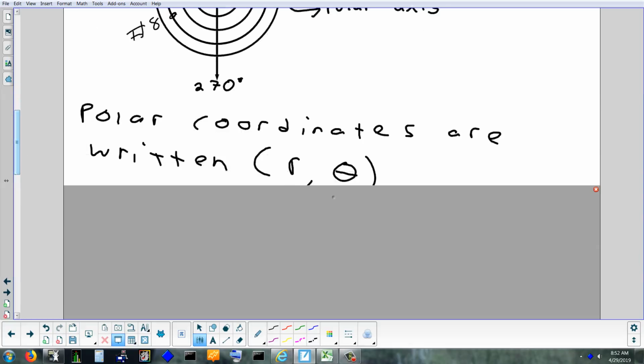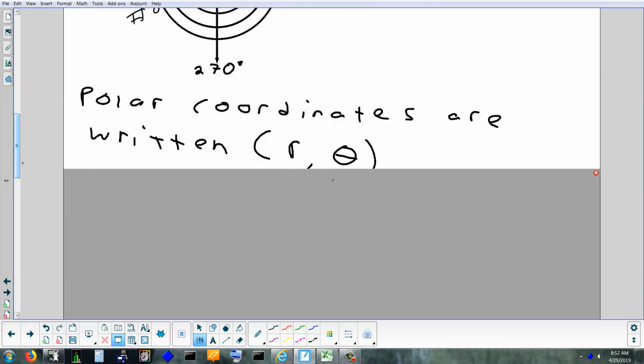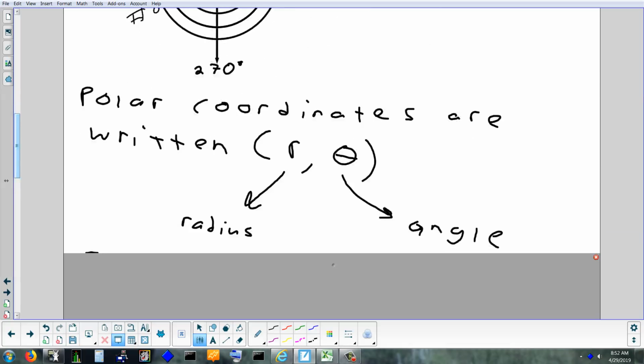So, rectangular coordinates are written as x, comma, y. Well, polar coordinates are still written with two things, but it's not an x and a y. It's an r and a theta. Now, we're dealing with a circular grid. What do you think r stands for? Radius. It has to do with how far away from the center you are.